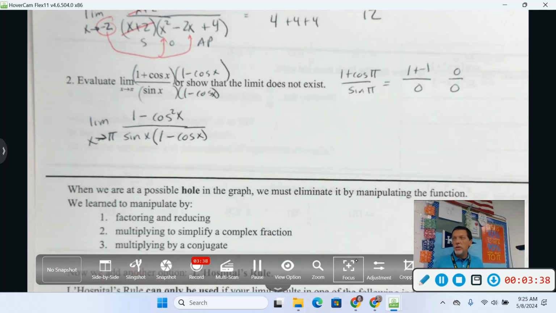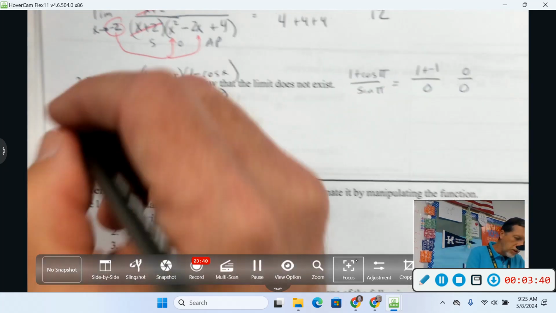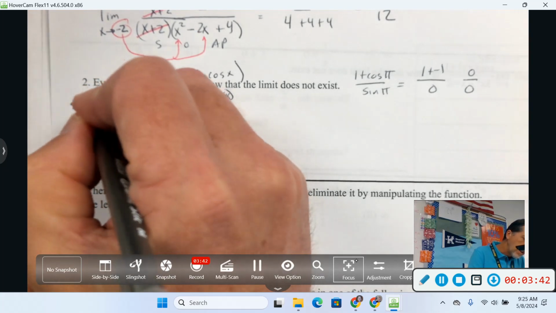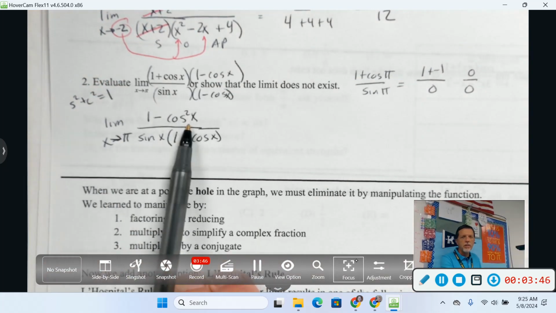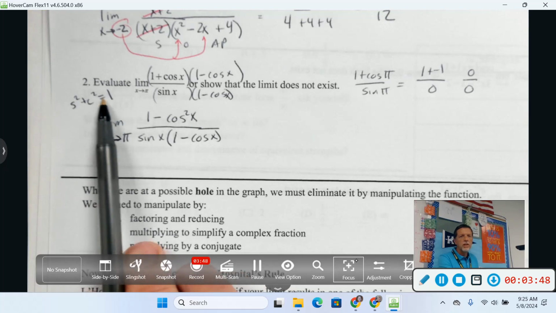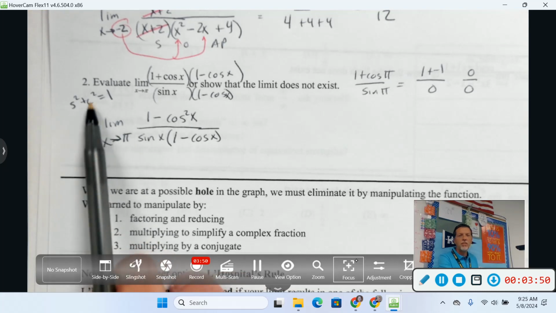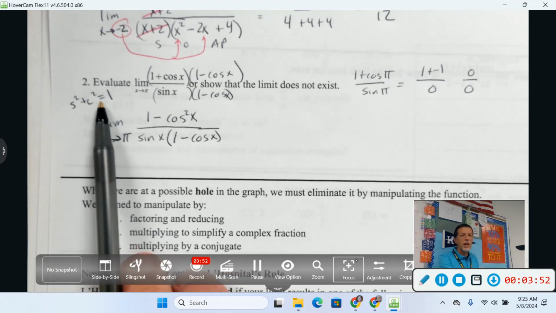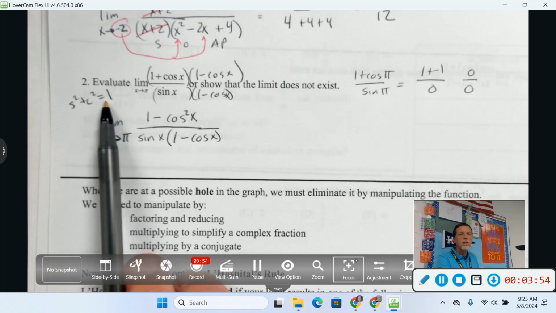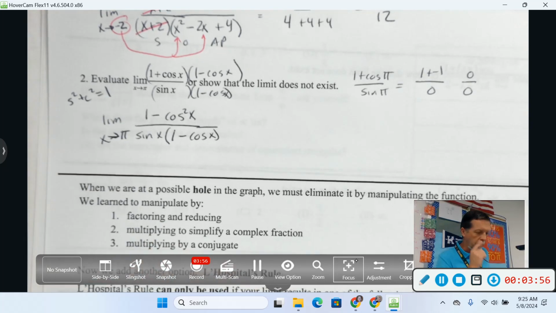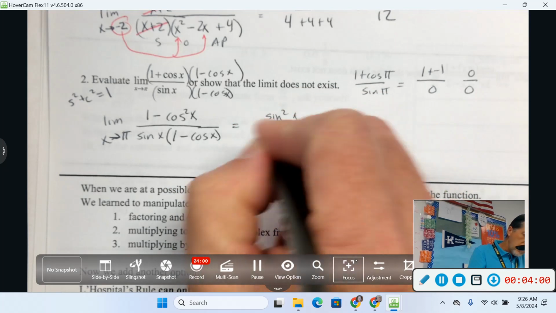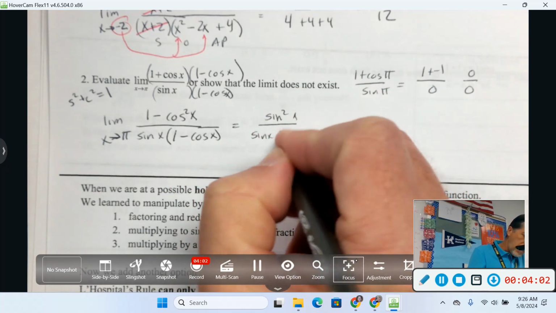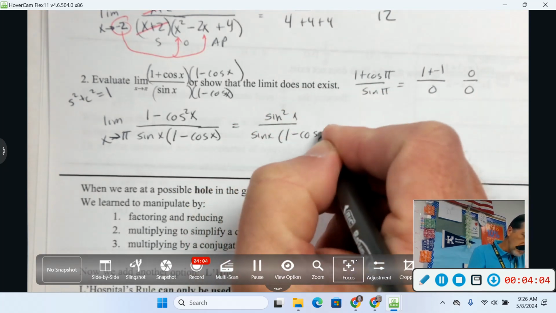And now we use, as you were saying, sine squared plus cosine squared equals 1. So I need to rearrange that to get 1 minus cosine squared, which is sine squared. This one's easy. I didn't have any signs to worry about. S-I-G-N-S, signs to worry about. So if I move the cosine over, I get sine squared. And then one of the sines will cancel.